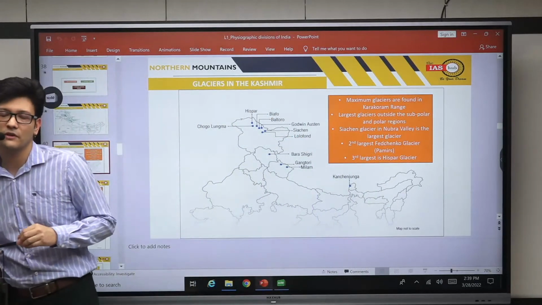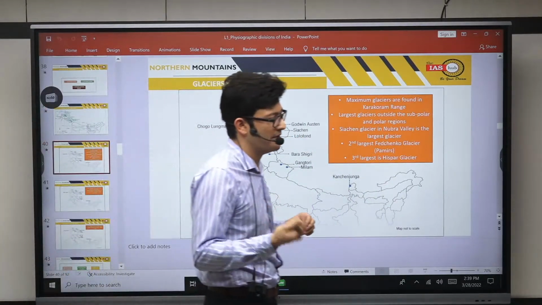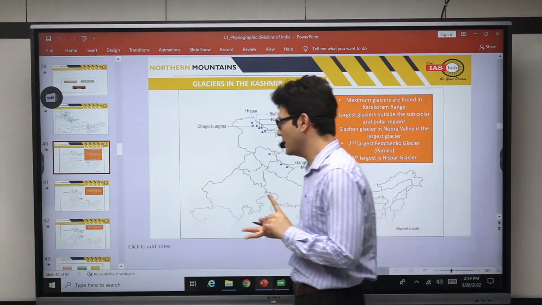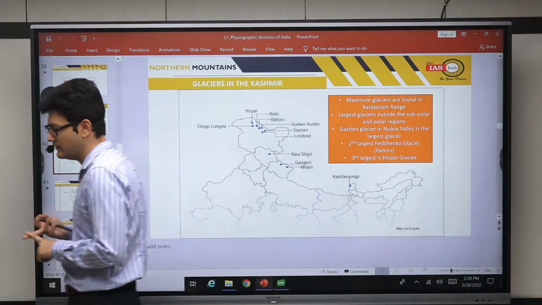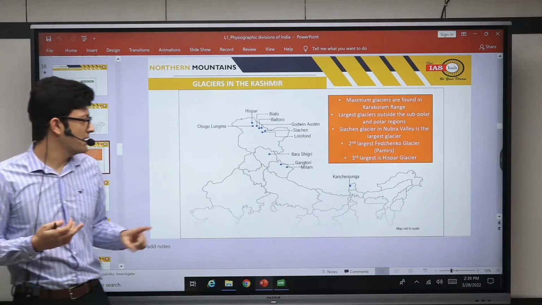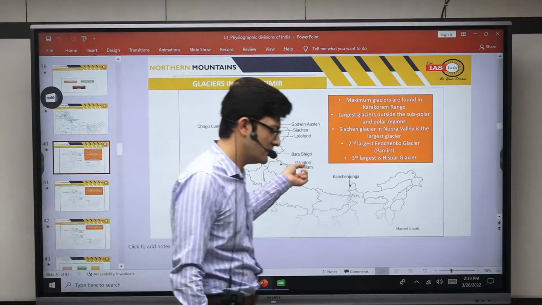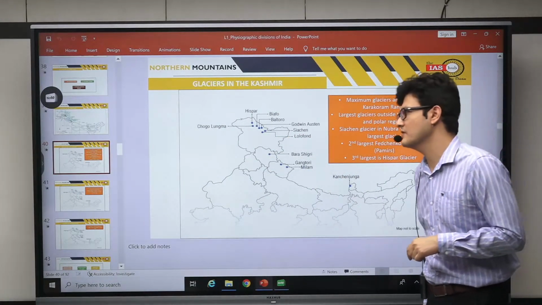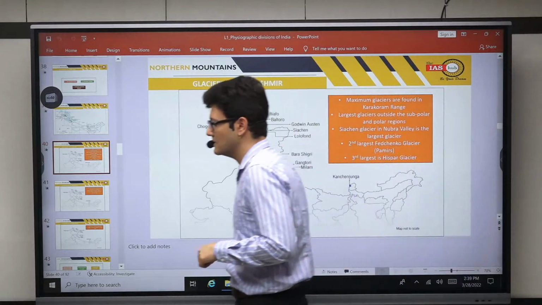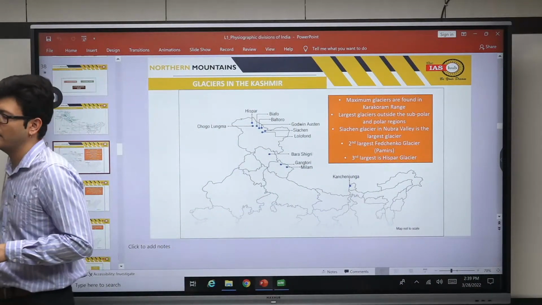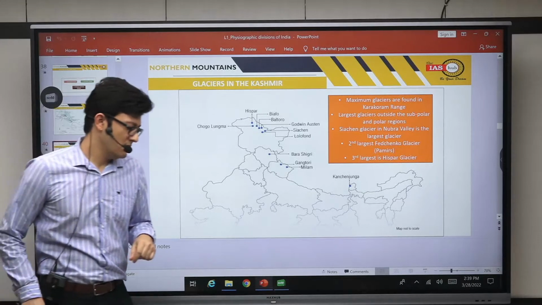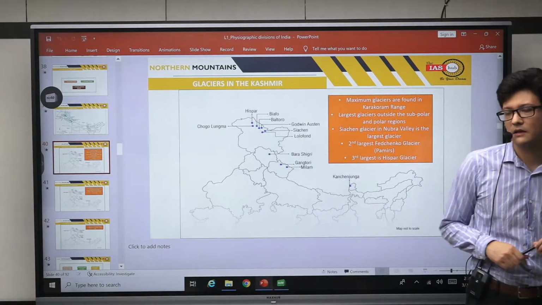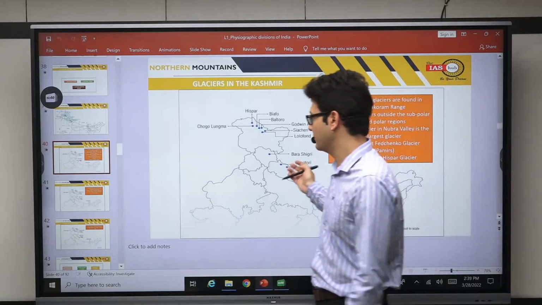Then we moved towards the Uttarakhand side. In Uttarakhand we have the Gangotri Glacier, Yamunotri Glacier, Bandarpooch Glacier, and Milam Glacier. Kanchenjunga and the Zemu Glacier are on the Sikkim part. These are the major glaciers which we discussed. Some of these glaciers are the originating point of some of the biggest rivers in India, including the Ganga and Yamuna.